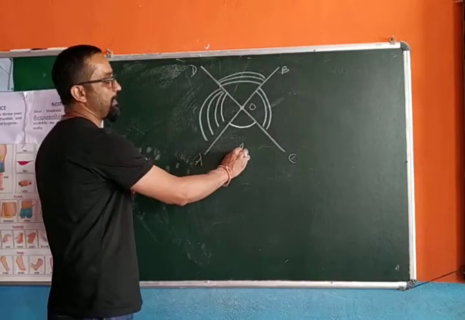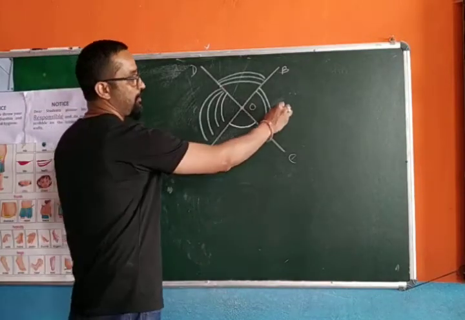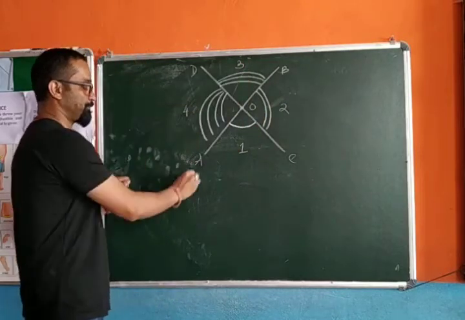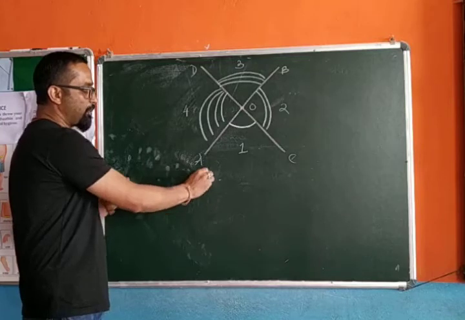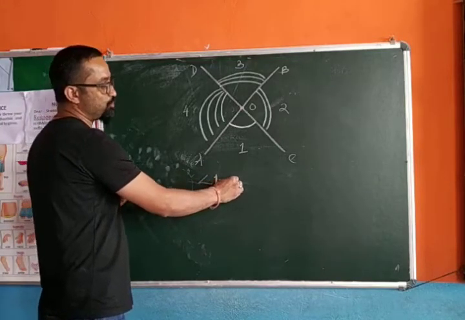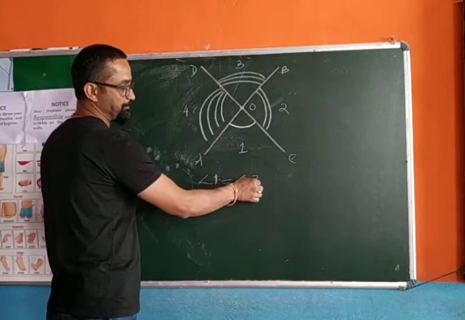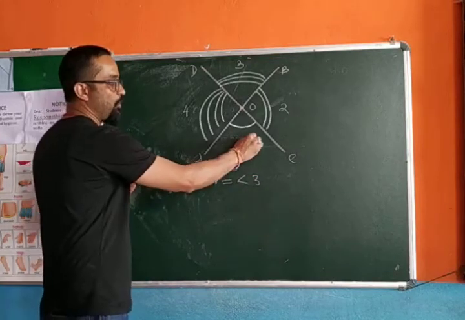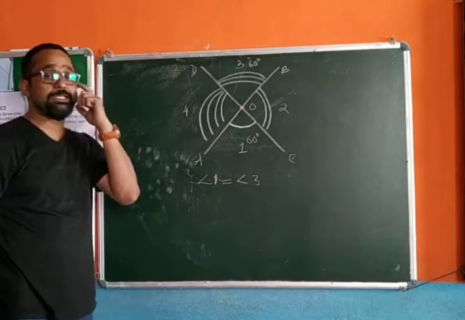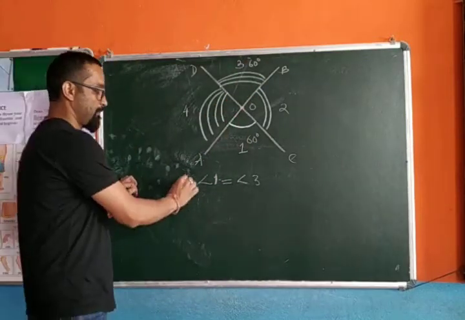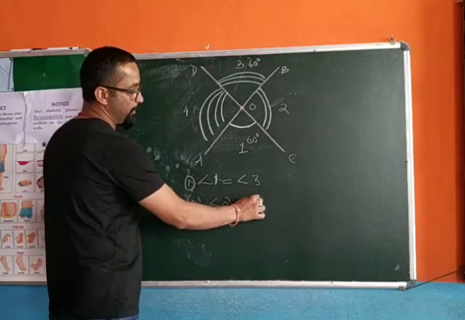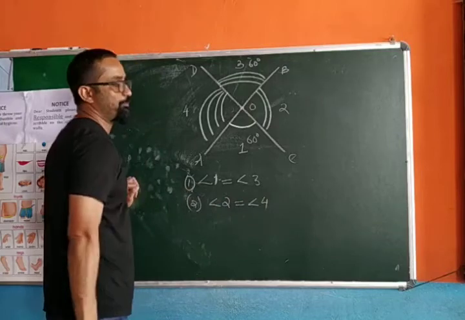Suppose if I write it as angle 1, angle 2, angle 3, angle 4. Angle 1 is always equal to angle 3. If angle 1 is 60 degree, angle 3 is also 60 degree. Angle 2 is always equal to angle 4.